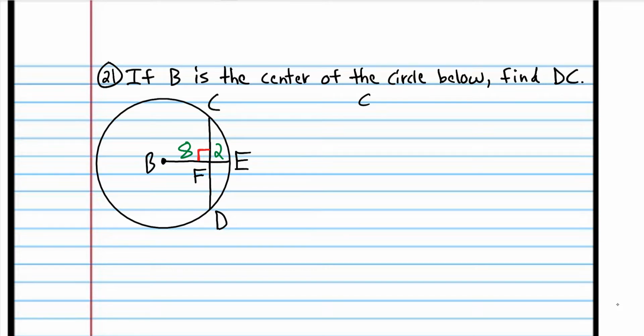So what that means is this arc measure is equal to this arc measure. We don't really care about that in this problem though. And this segment length must be equal to this segment length. Again, if the radius is perpendicular to the chord, that must be true. This length is equal to this length.